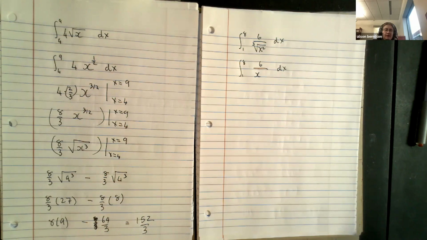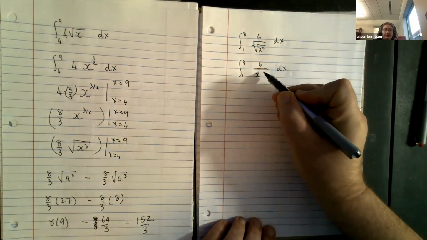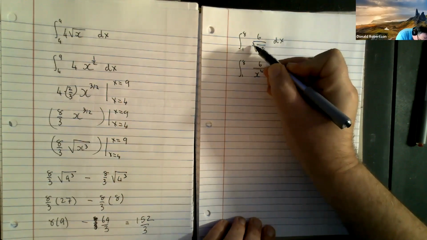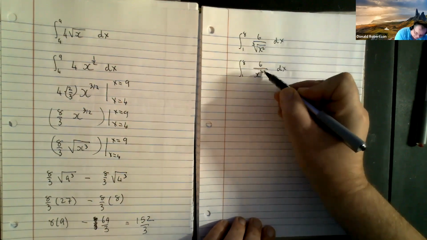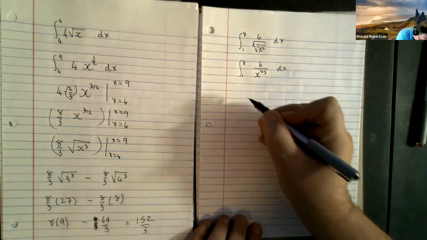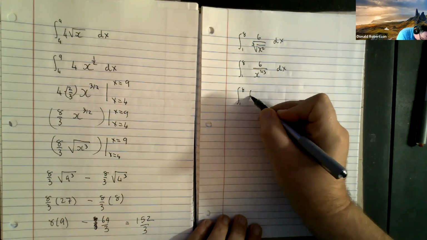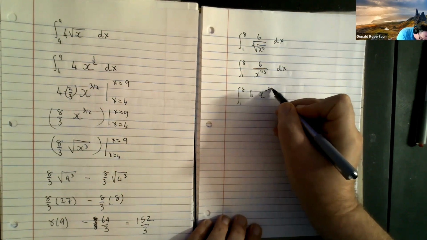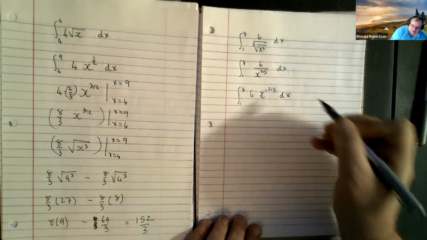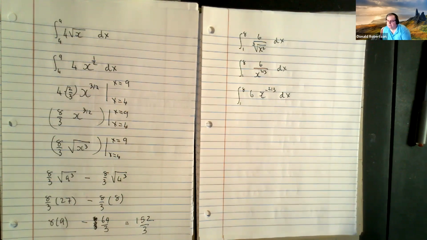X to the 2/3. Correct. The root is the bottom, the power is the top. Now, this guy, in turn, can be written as that negative power thing. Remember that negative guy that we did? 2/3 in the bottom, negative 2/3.